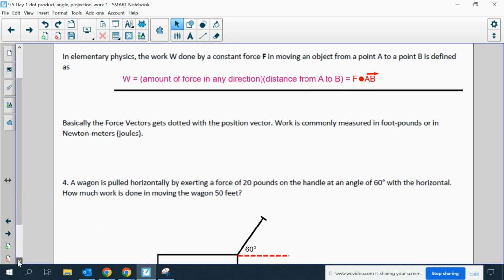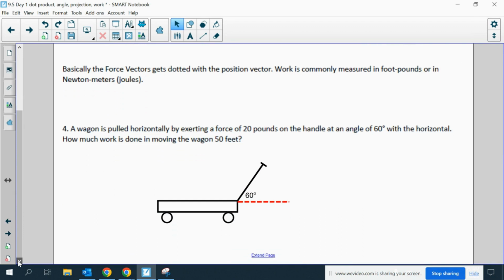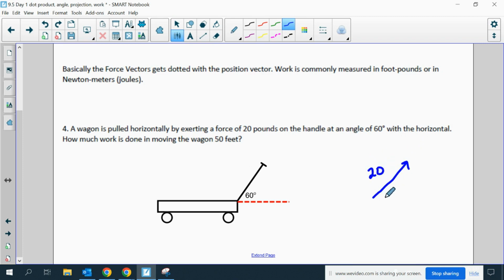So if we take number 4, a wagon is pulled horizontally by a force of 20 pounds at a 60-degree angle. So if I look at the force, it's getting pulled with a 20-pound force. So there's a 20-pound force, and it's at a 60-degree angle. So my force vector is 20 cosine of 60, sine of 60.